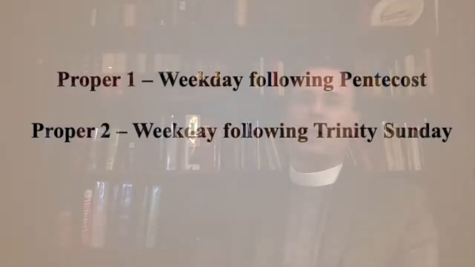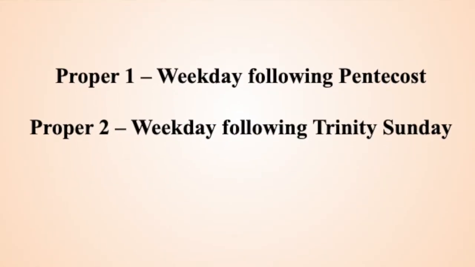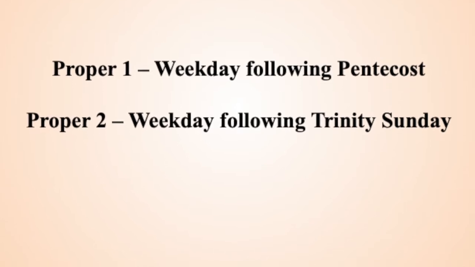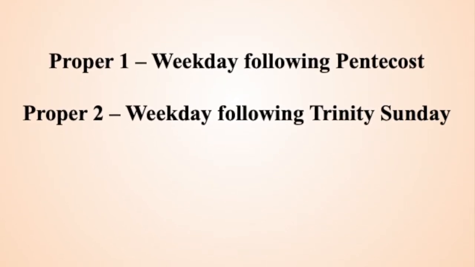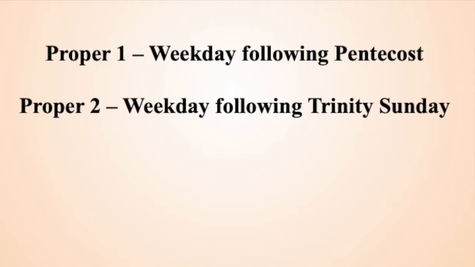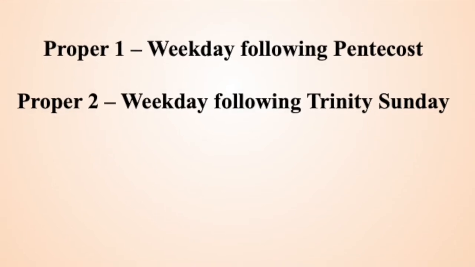The answer is that proper 1 and 2 are used if you're doing services during the week or on a weekday following Pentecost or Trinity Sunday. So for example, if you're doing a service on a weekday following the Feast of Pentecost, you would use proper 1. If you're doing a service on a weekday following Trinity Sunday, you would use proper 2.